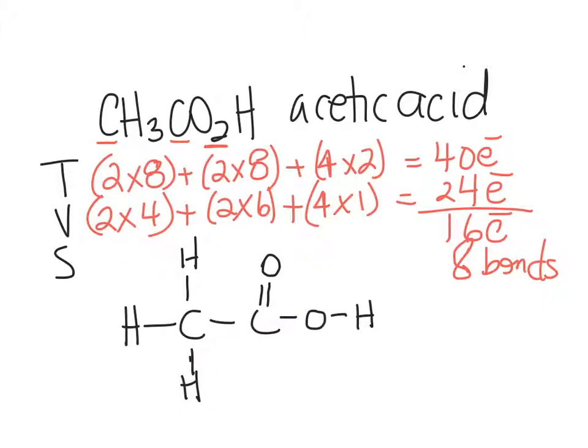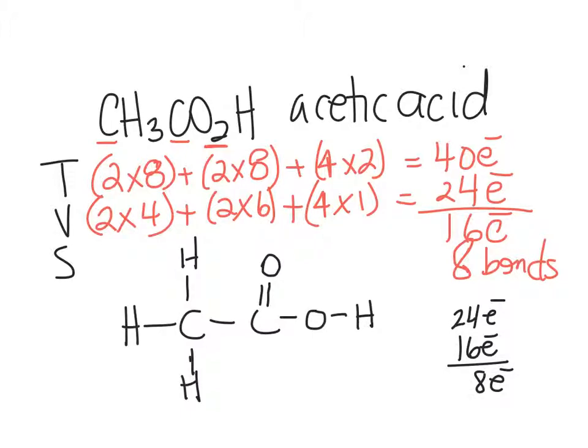We've got 8 bonds, so let's check. 1, 2, 3, 4, 5, 6, 7, 8 bonds. So we've used a total of 16 electrons. Take it away from our 24 valence electrons. That leaves us with 8 left.